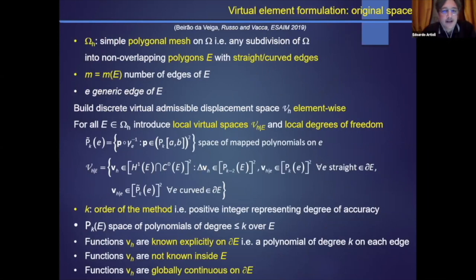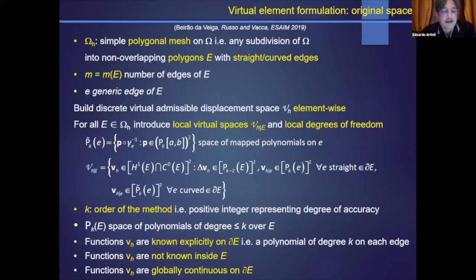Now, very similar to standard conforming virtual elements with straight edges, the construction of the global virtual element space for admissible displacement starts locally, and it is here generalized to the possibility of a polygonal virtual element with one or more curved edges, defined as the collection of vector-valued functions that have a Laplacian in P_{k-2}, have a polynomial restriction over any straight edge, and have a mapped polynomial of degree k on every curved edge.